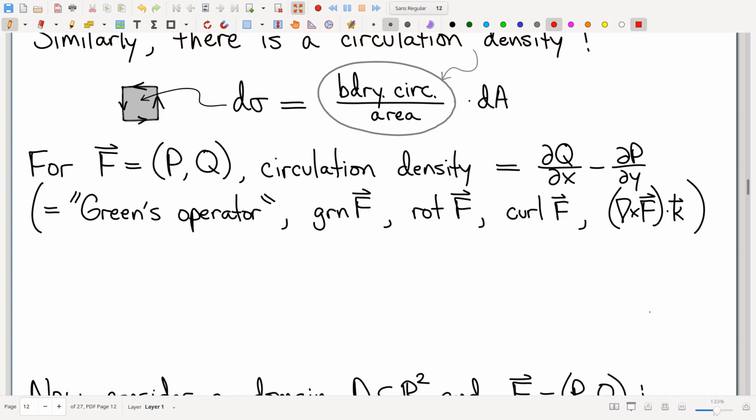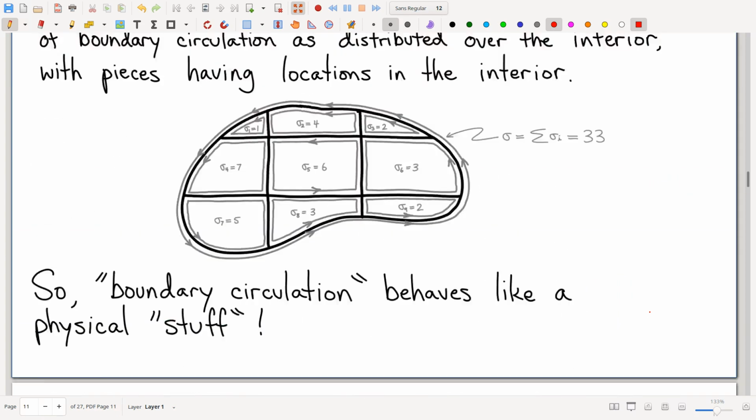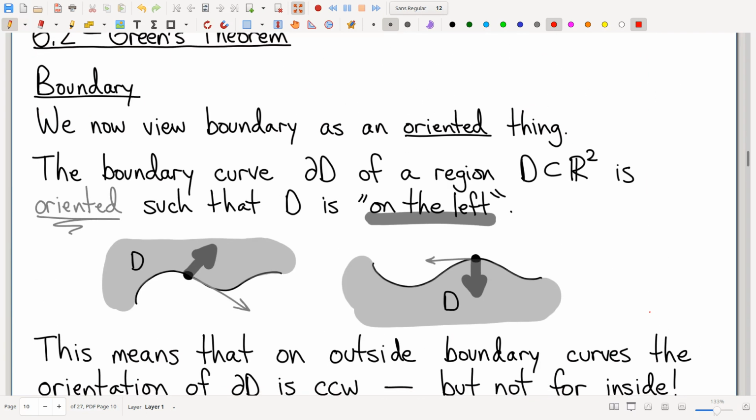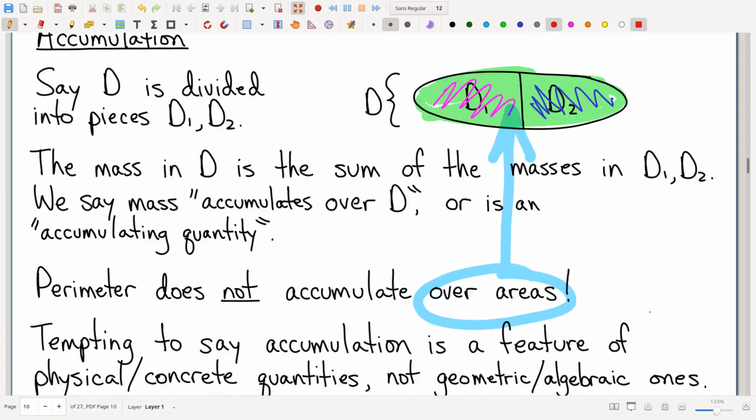All right. Okay, so let's put it all together. Quick reminders. We talked about the idea of boundary. Boundary is oriented. That's important. It's again arbitrary, but it's standard and it's necessary.